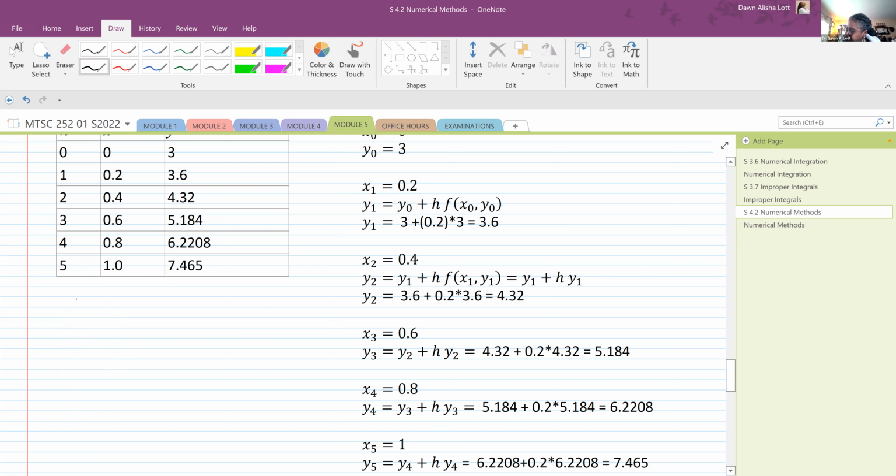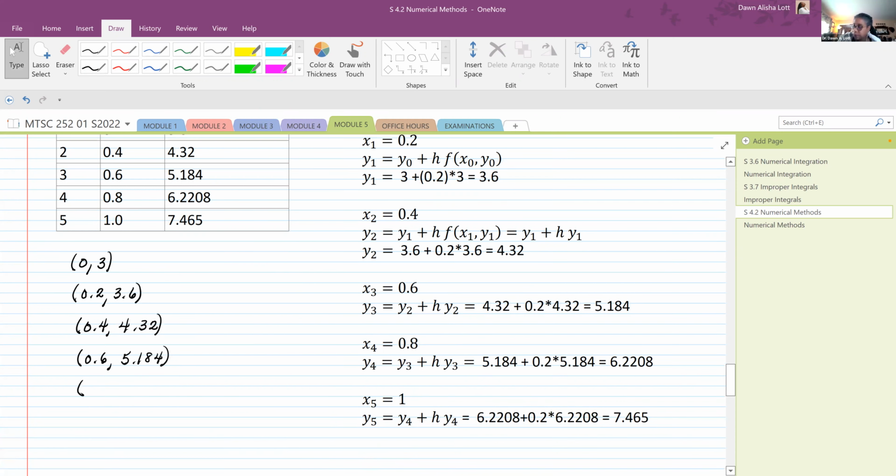We are graphing 0, 3, 0.2, 3.6, 0.4, 4.32, 0.6, 5.184, 0.8, 6.2208, and 1, 7.465.